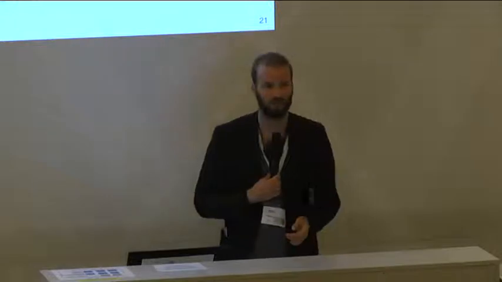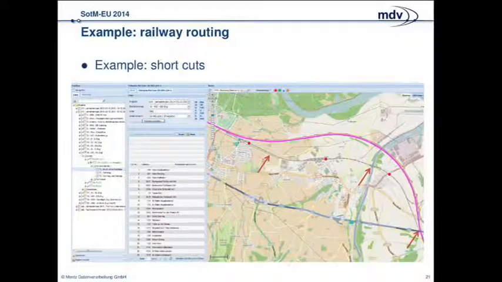One is the high-speed rail track, and the other is just the standard rail track that's going on the inside. And what our high-speed routing did at the beginning, it just went on the inside, which is highlighted with the red arrows, and not on the appropriate track on the outer, on the fast high-speed track.